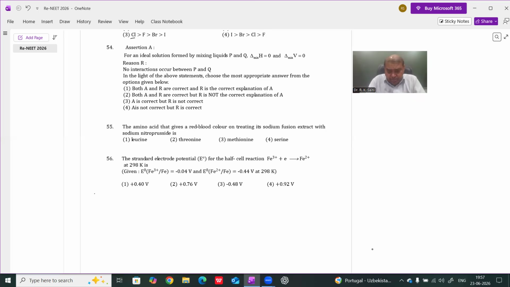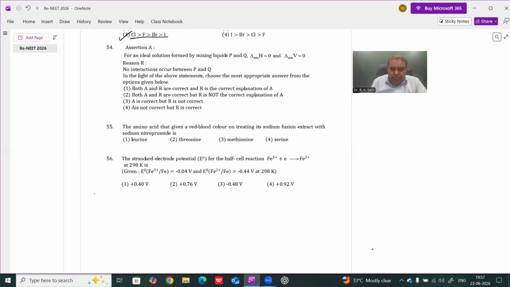Therefore, some repulsion takes place between the incoming electron and the electrons already present in the outermost shell, and hence less energy is released after addition of an electron. Therefore, the electron gain enthalpy of a second period element in the p block is less than the corresponding third period element, or we can say chlorine has the highest electron gain enthalpy among all known elements. Third option.